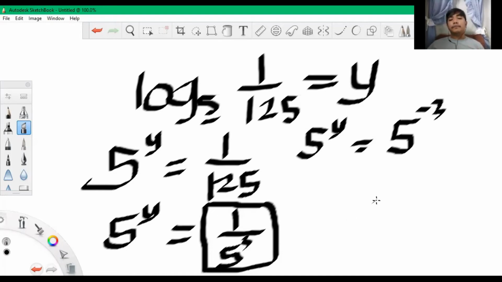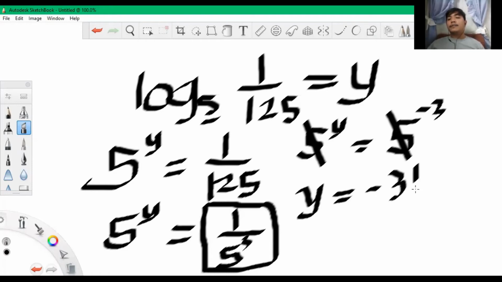So, nagkaroon tayo tuloy ng 5 raised to negative 3. And now, we have same base. So, we have 5 as our base on the left and the right side. So, we can now disregard these bases and just get the exponents, which are y is equal to negative 3.